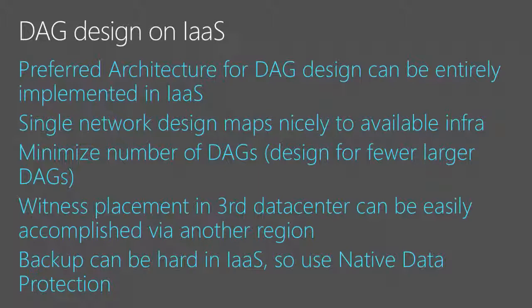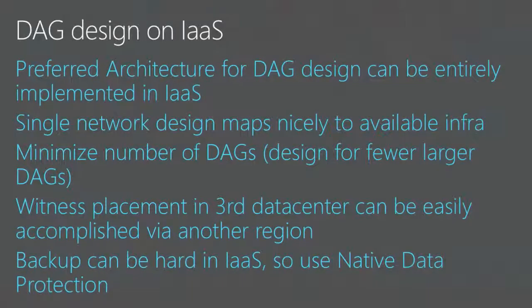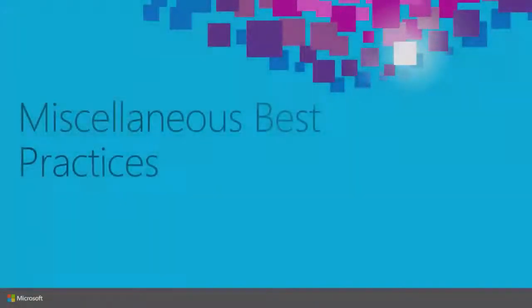Many providers have multiple regions, so you could get the third data center scenario with your witness server if they have multiple regions, so that could be something that could be easy to do. So there are trade-offs back and forth depending on whether or not you want to do that. Out of curiosity, who here is interested in deploying a DAG in this manner? That's pretty much what I thought. All right. But we support it.